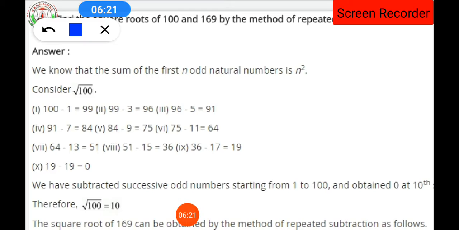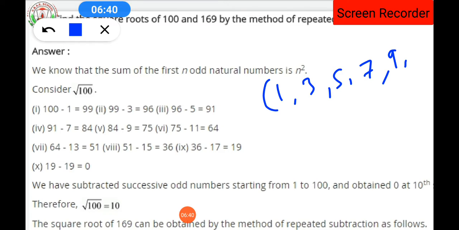So dear student, in repeated subtraction method, what you have to do is you have to subtract the numbers with the prime numbers. So prime numbers, or we can say that as odd numbers. So as 1, 3, 5, 7, 9, 11, 13, isn't it?